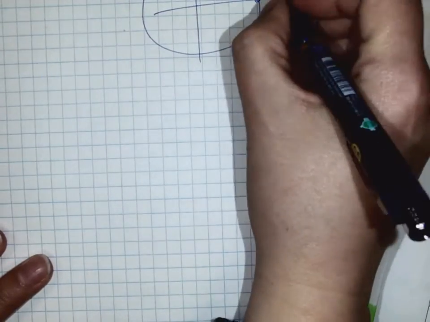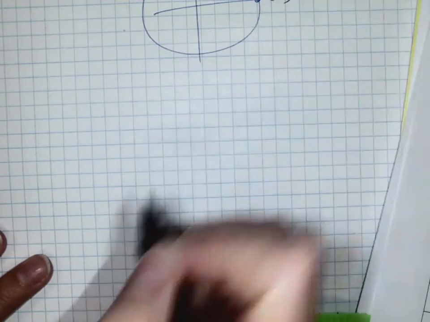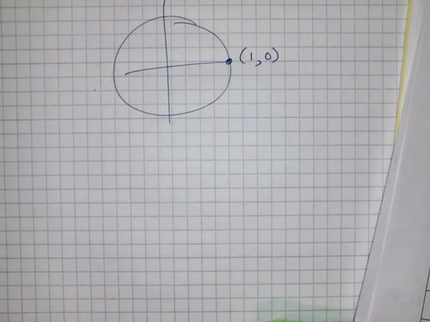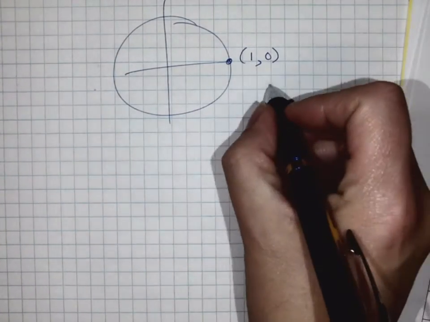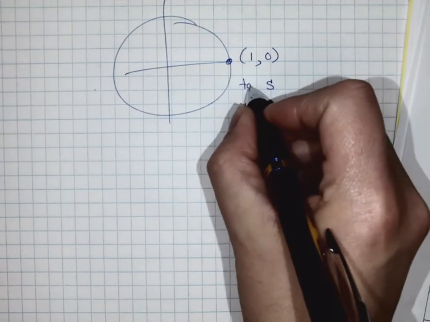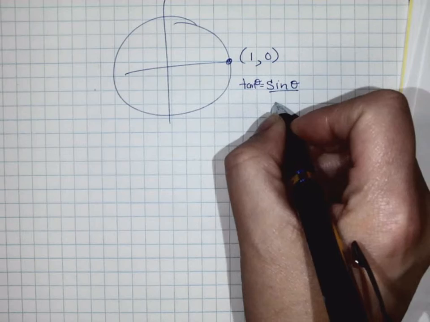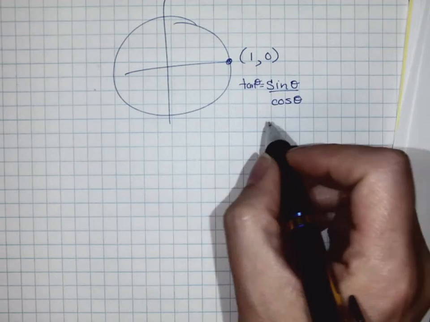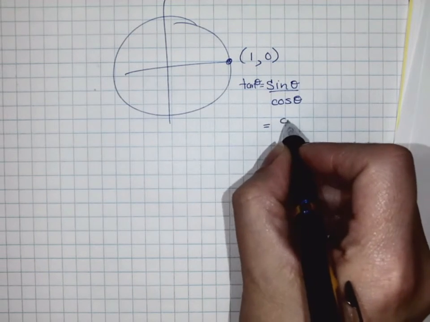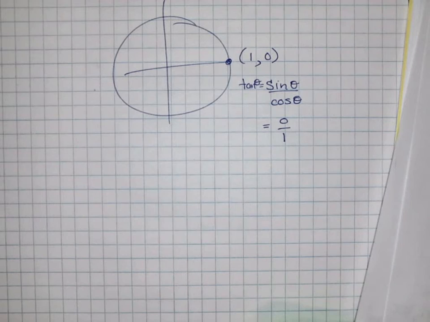You're at 0. This point is 1, 0. How do I find tan? So tan theta is equal to sine theta divided by cos theta. So it's 0. Okay, everybody good with that?